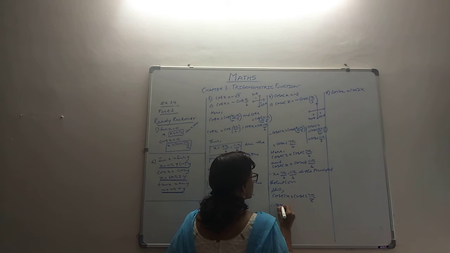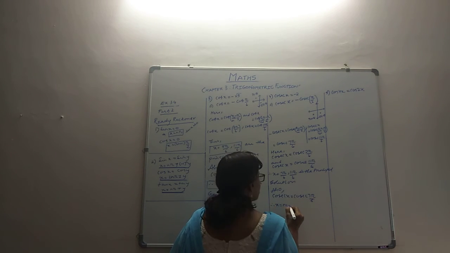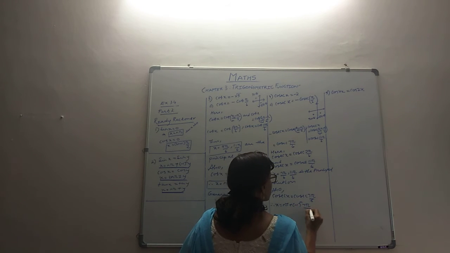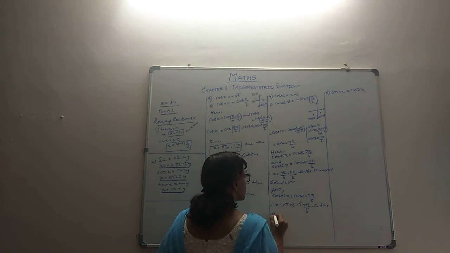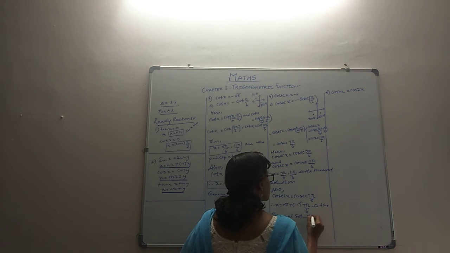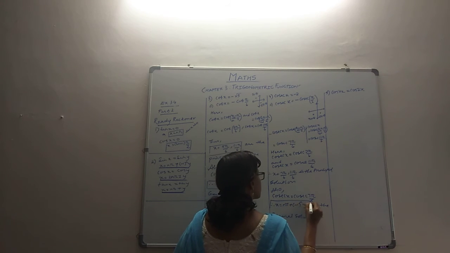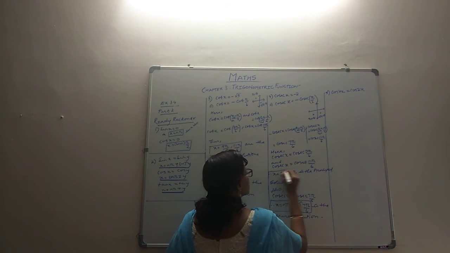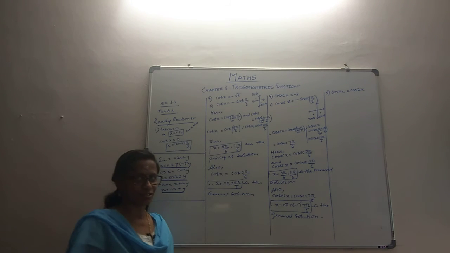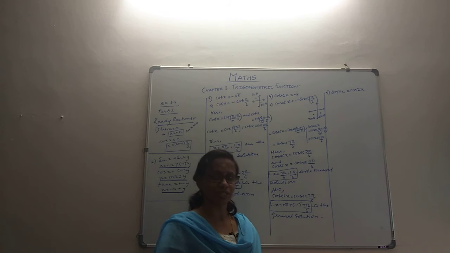Therefore, x is equal to n pi plus minus 1 raised to n times 7 pi by 6 is the general solution. So this is how we go about principal solution and general solution.